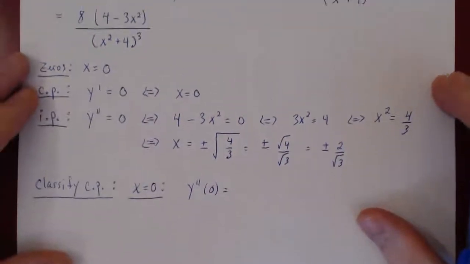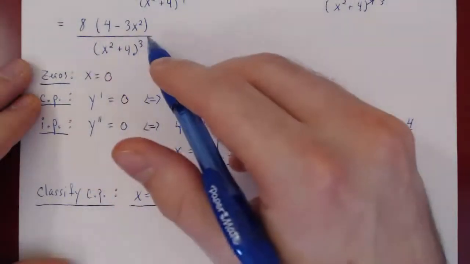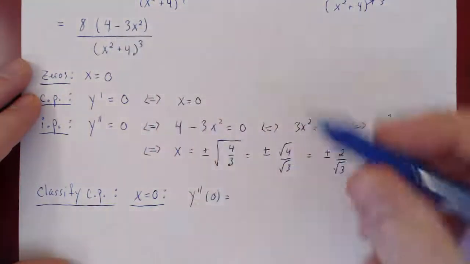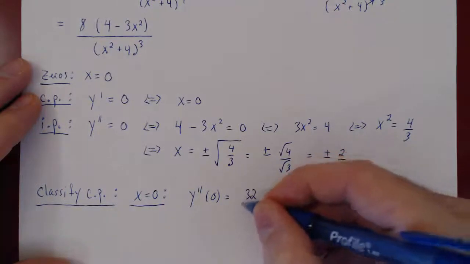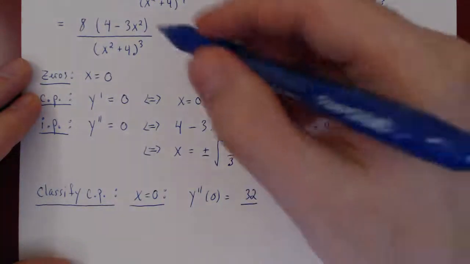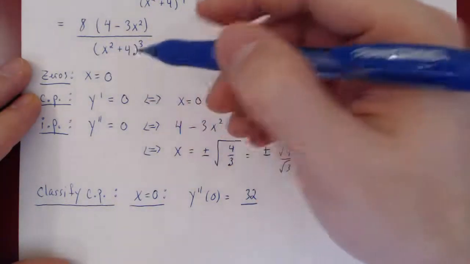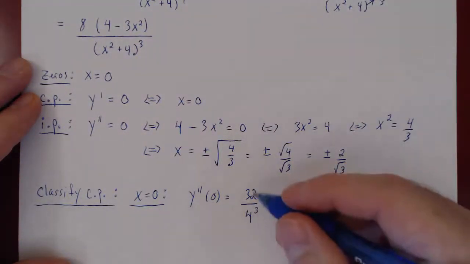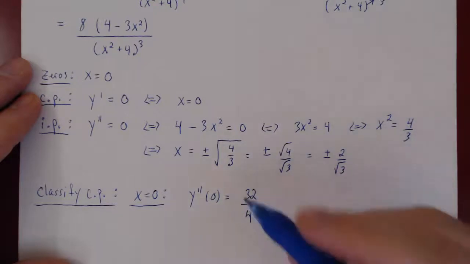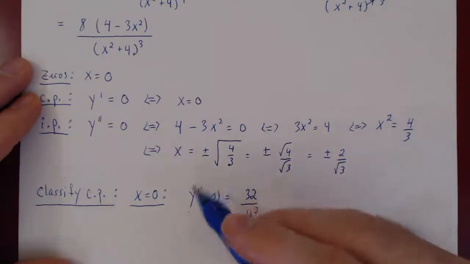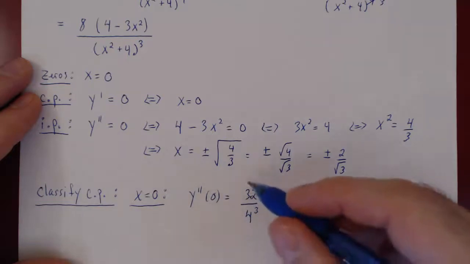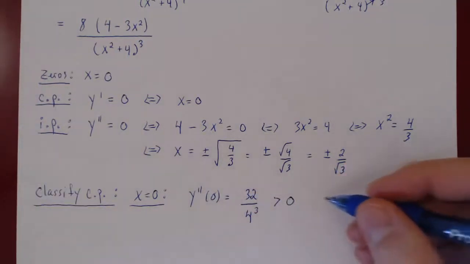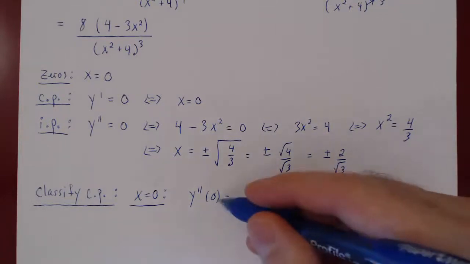Well, let's just look up what is our second derivative. It is right here. So if you plug in x equals 0, this is 0. You're left with 4 times 8, 32, divided by 0 plus 4 is 4, so it's just 4 cubed. And again, don't bother computing this and cubing 4. We don't care. All we ever care about is the sign of the second derivative. This is clearly positive. So the second derivative is positive, so the curve is concave up at x equals 0.